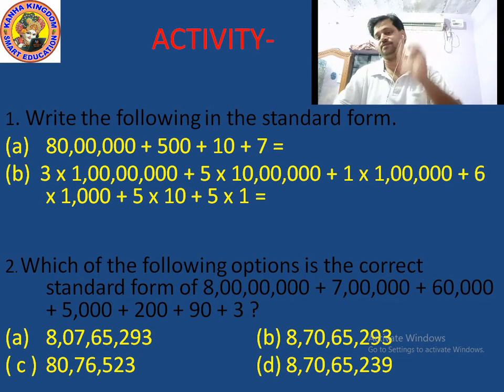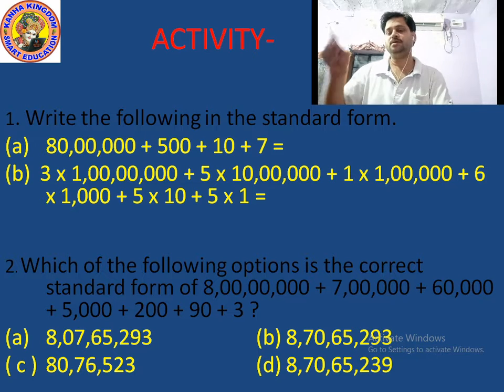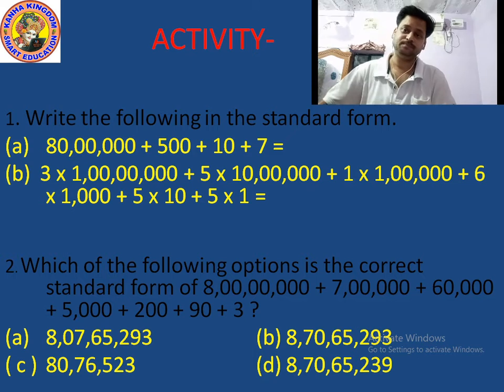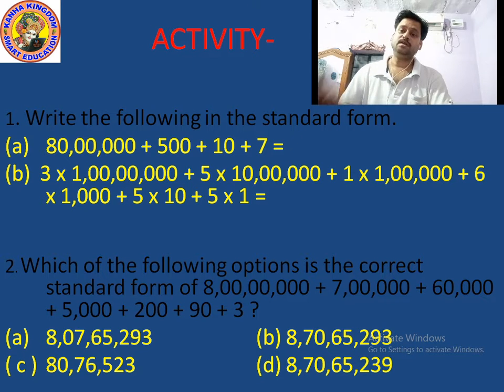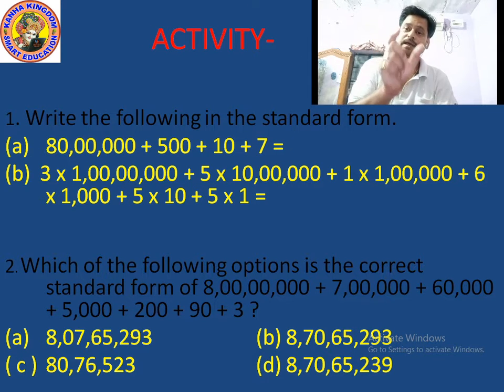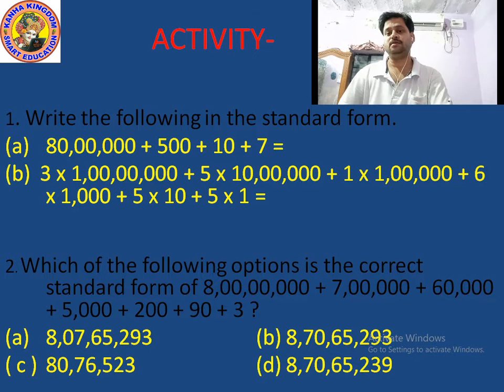So 80 lakhs plus 500 plus 10 plus 7. So you see that in this question there are 80 lakhs, but nothing in the lakhs place.